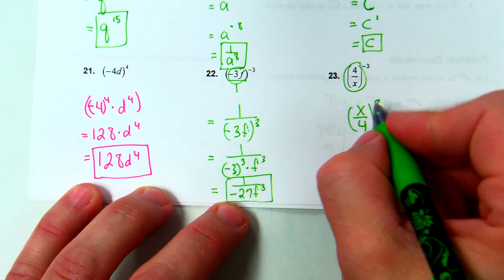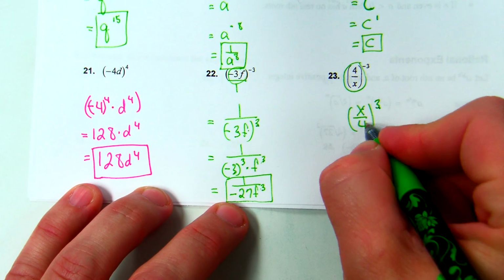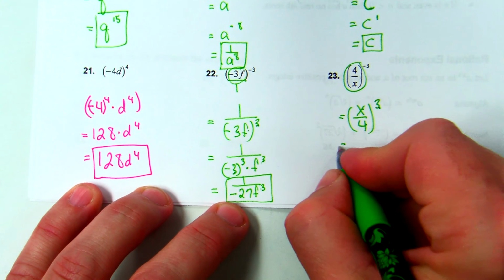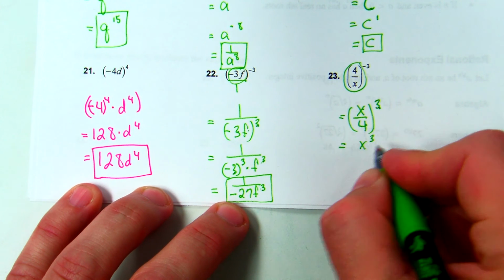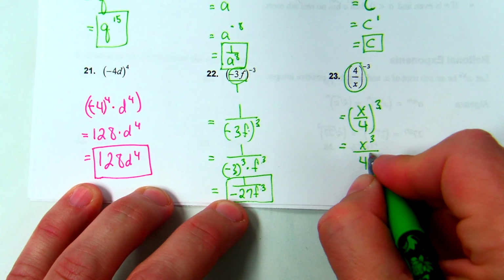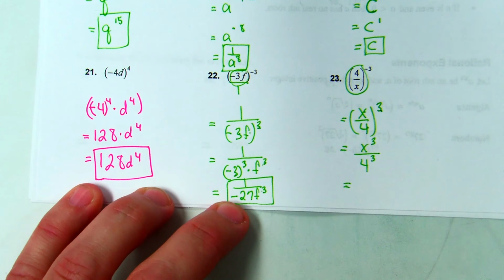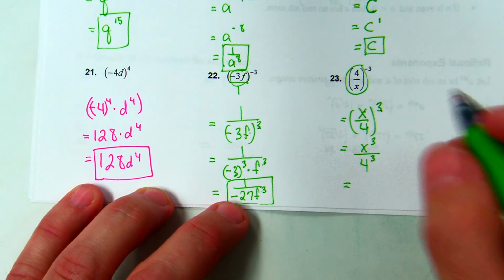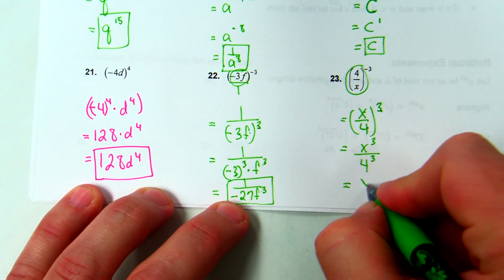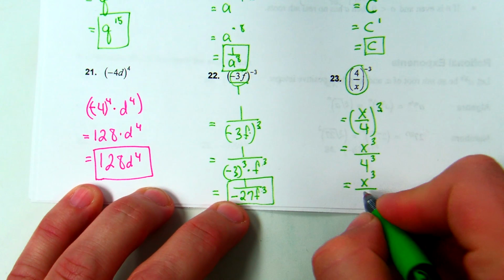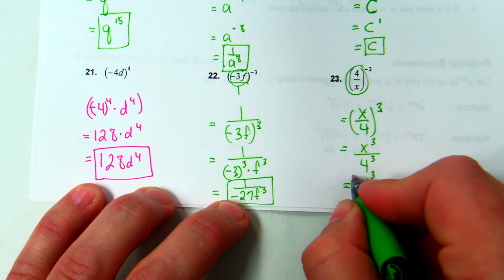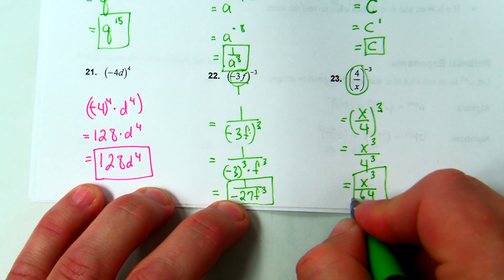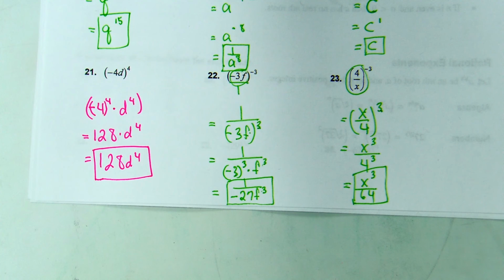And then here, we just apply the power to the x, apply the power to the 4. And so we're going to have x cubed all over 4 cubed. And we already found out 4 cubed was 64 on the previous page. And so this is going to be x cubed all over 64. And that's the answer to number 23.